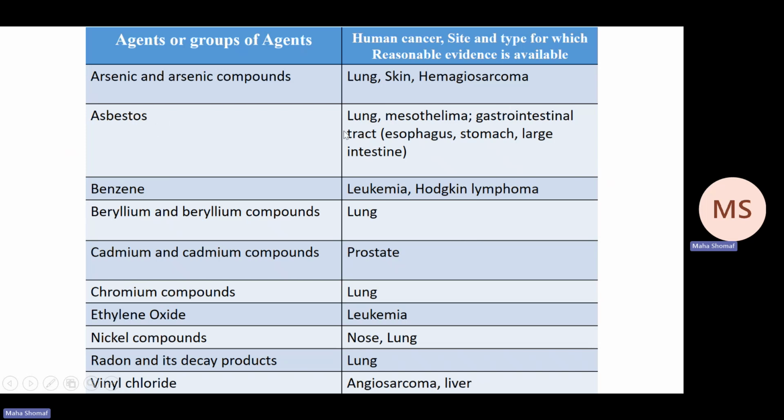Asbestos is well known to produce lung tumors, mesothelioma, and gastrointestinal tract tumors. Benzene and benzene derivatives are well known to produce leukemias and lymphomas. Heavy metals are associated with lung cancer. Cadmium and cadmium compounds with prostate cancer.